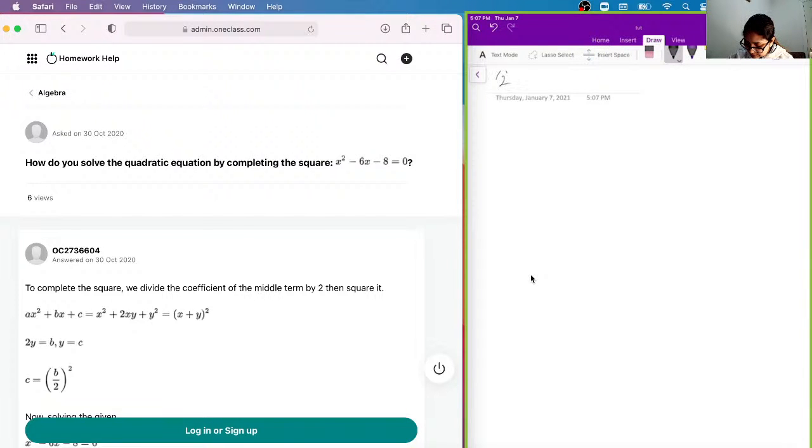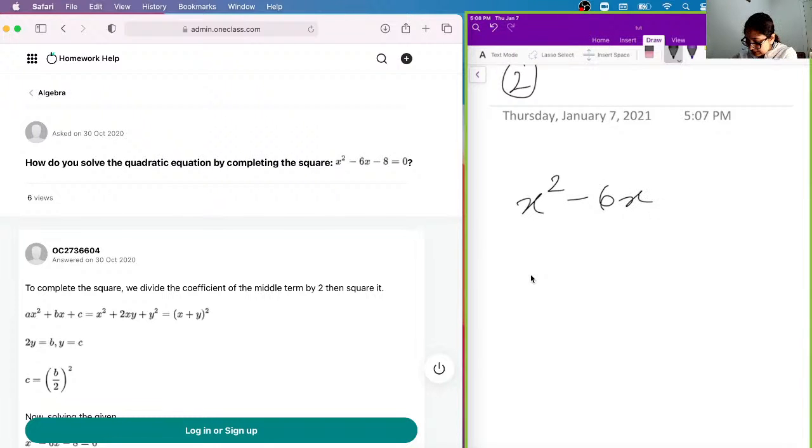Okay. So our next question says, how do you solve the quadratic equation by completing the square again? So I'll write down the equation, which is x squared minus 6x minus 8 equals 0.